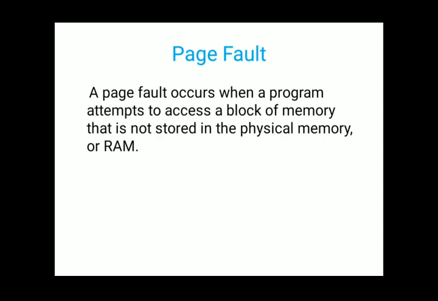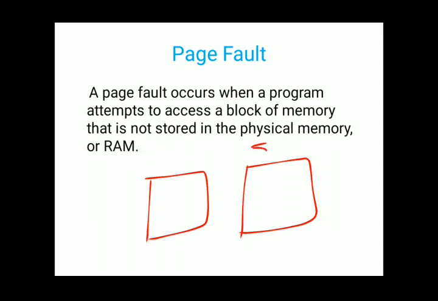Suppose we have this main memory and this is the secondary memory. In the main memory we have 3 frames, and all 3 frames are full with data. So in the frames, suppose we take the data 1 here, 2 here and 3 here.